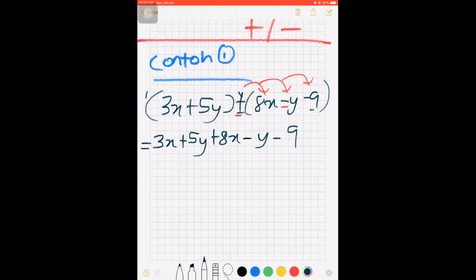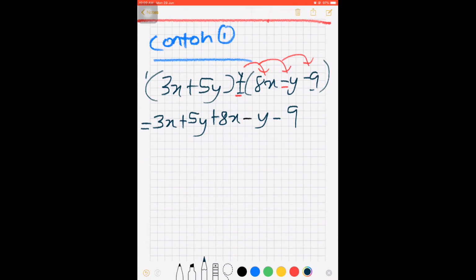This one minus 9. Okay, so then the next thing you do, you kumpulkan the like terms. That means you put x and x together, you put y and y together, and you put the ones that don't have variables together. So 9 on its own. So 3x plus 8x.